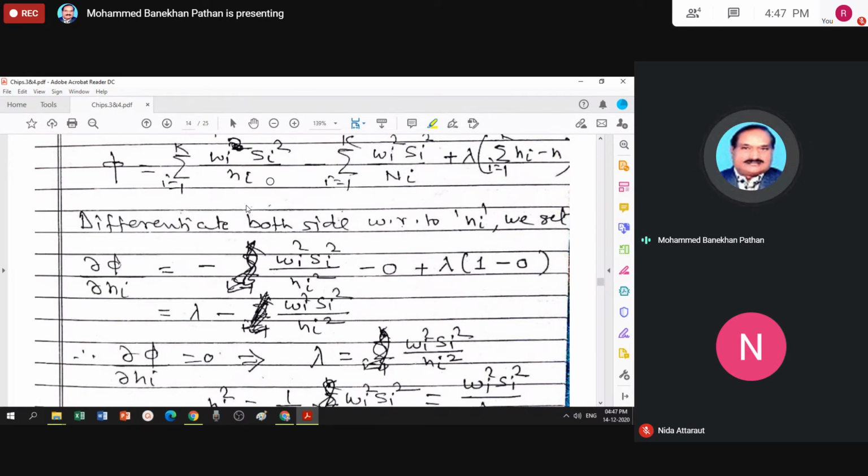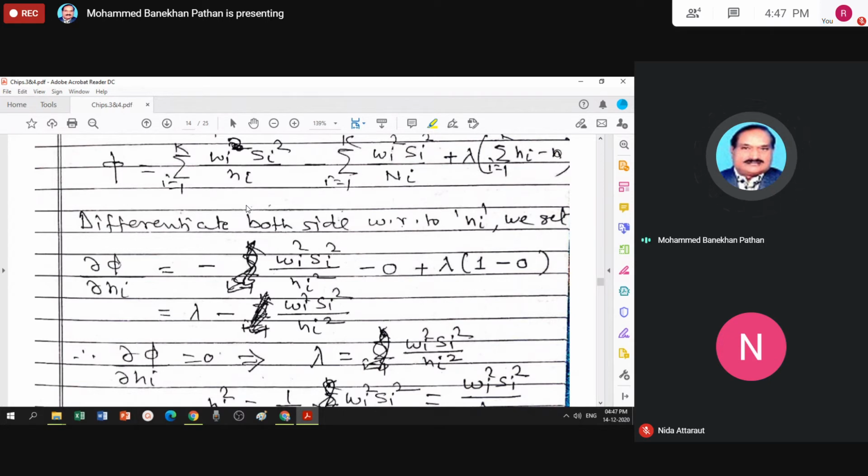And that is why in the first term there is ni, and in the second term there is no small ni. That's why differentiation is directly 0, because differentiation of a constant is always 0. Plus lambda times summation gets cancelled. Differentiation of ni with ni is 1.